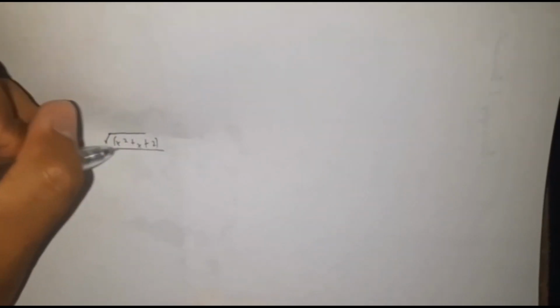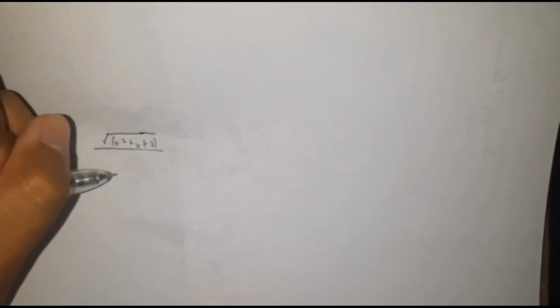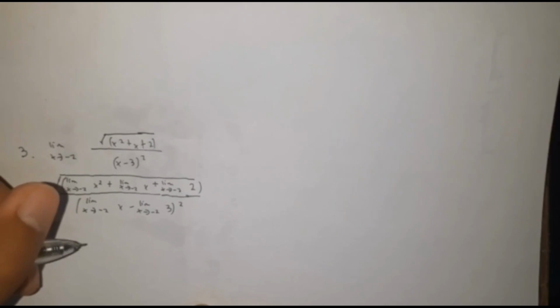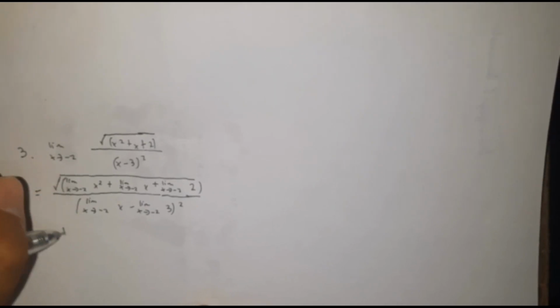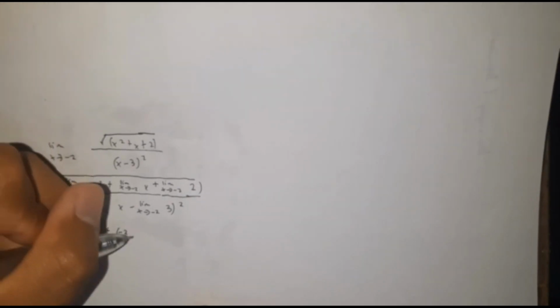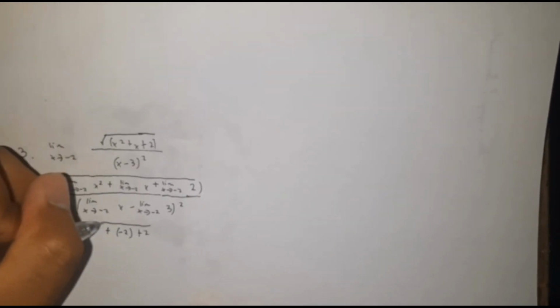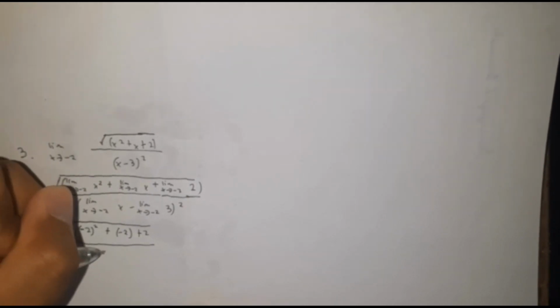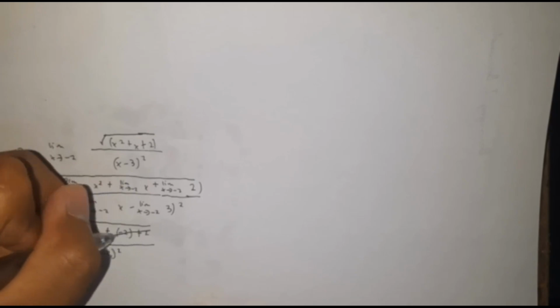For the last example, we're going to find the limit of the square root of (x squared plus x plus 2) over (x minus 3) squared as x approaches negative 2. We substitute negative 2 for x in the equation. After that, we evaluate the square root of (negative 2 squared plus negative 2 plus 2) over (negative 2 minus 3) squared.